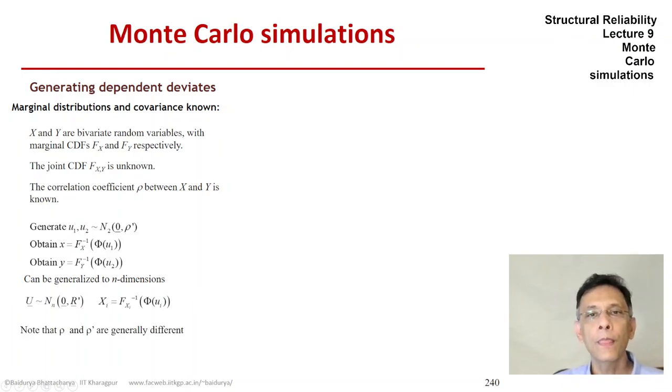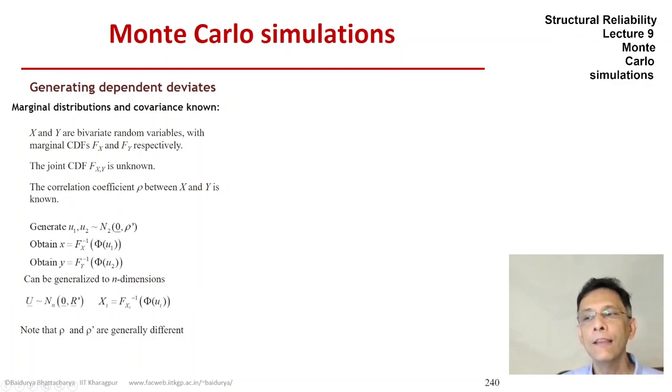Now, the reason is this nonlinear transformation between U and X, as we have alluded to before, does not preserve the correlation coefficient. So the rho that we start off with between X and Y, and the rho prime that we have between U1 and U2, are not necessarily the same.